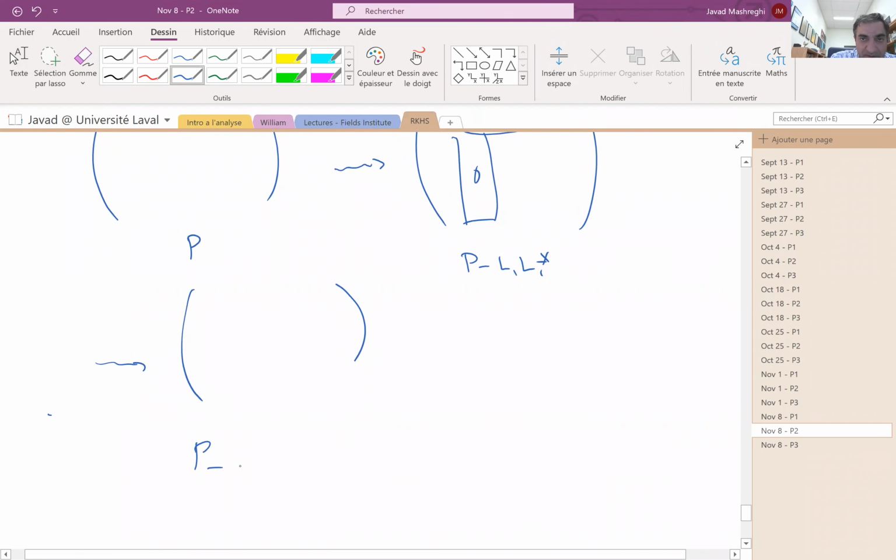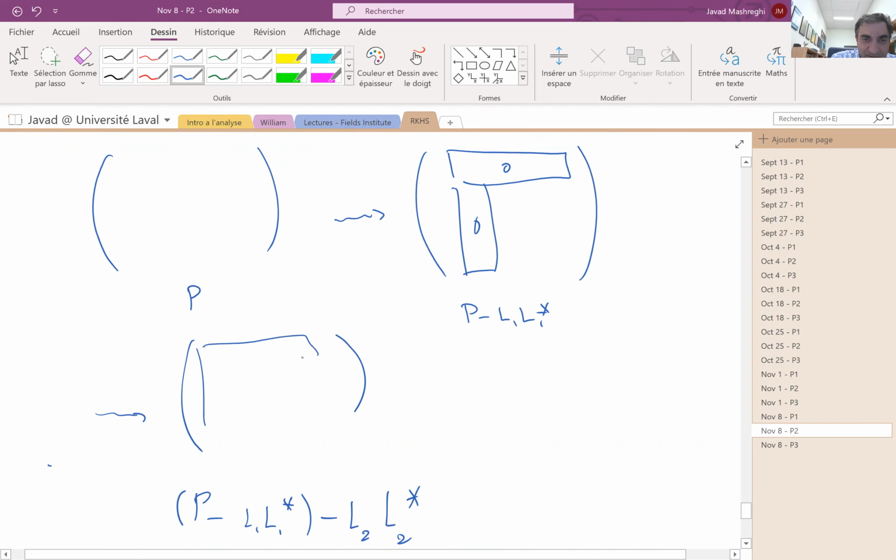Here is P minus L1 star minus L2 star, such that here and here everything is 0. And the remaining one is n minus 2 times n minus 2. And I continue this up to the end.